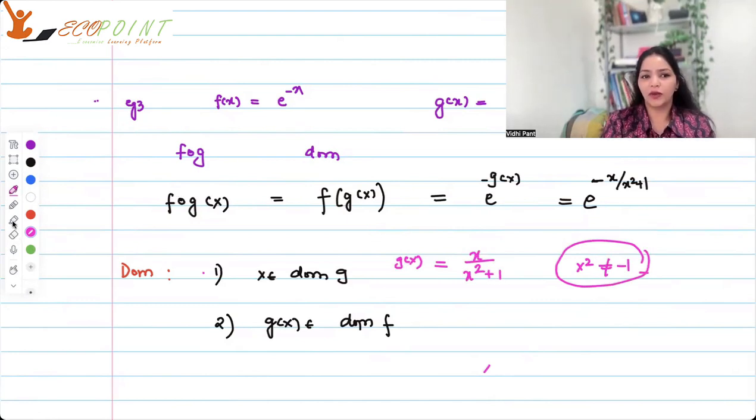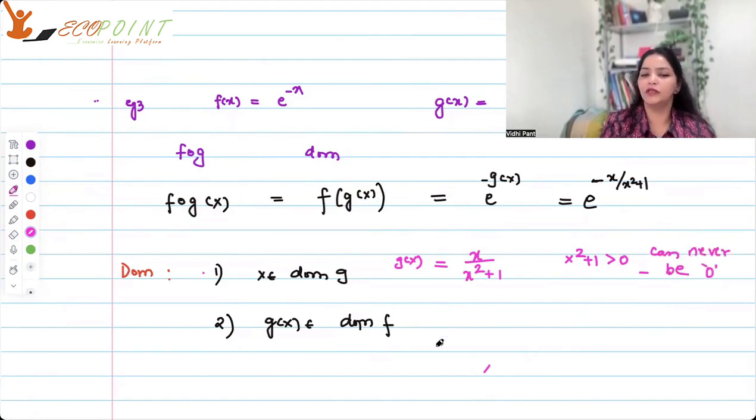In fact, it is strictly greater than 0, and can never be equal to 0. So we don't have any problem here. So what we have is x belongs to R here.